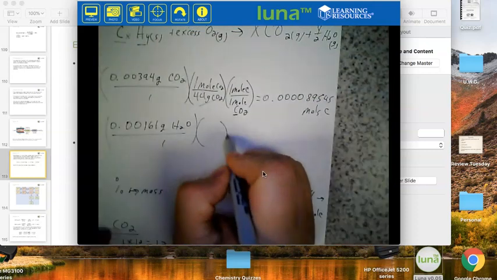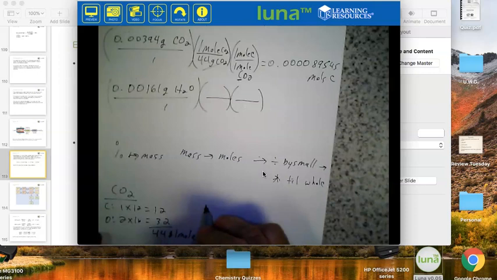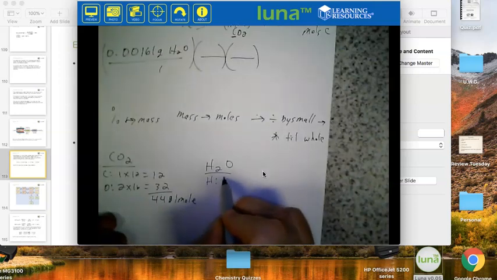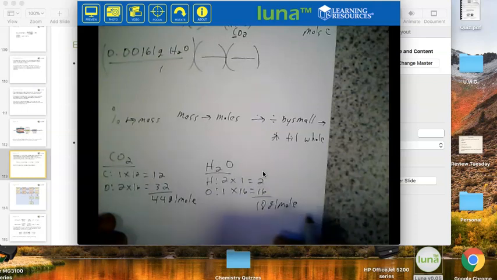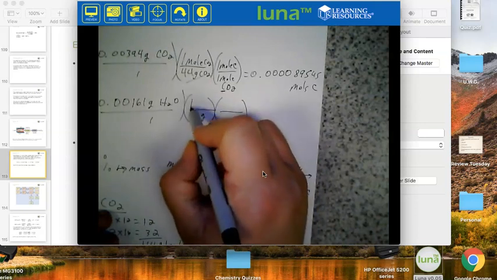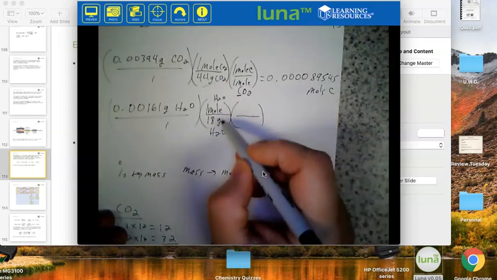Alright, so we're going to do the same process with H2O. So here with H2O, it's 2 times 1, which is 2. O is 1 times 16, which is 16. It's 18 grams per mole. So 18 grams of H2O is equal to 1 mole of H2O. Their grams cancel out. We have moles of water.